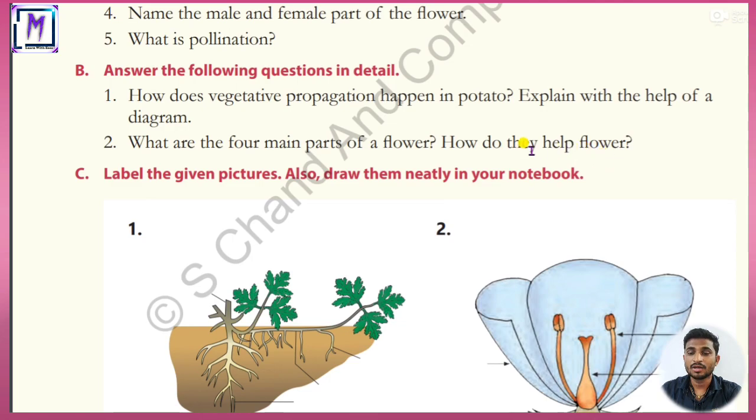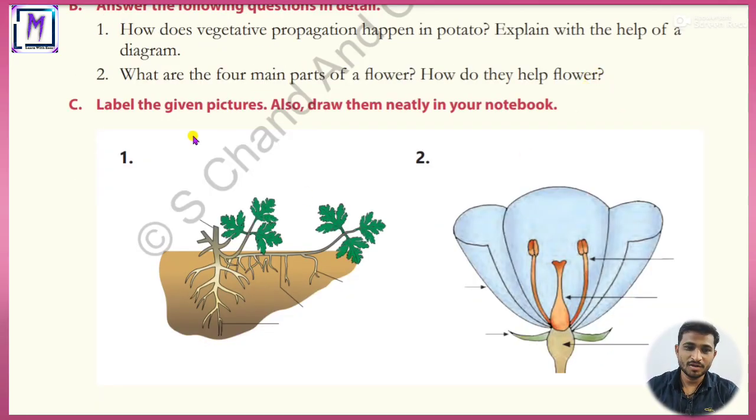So in this way, the male part called the stamen and the female part called the pistil bring about reproduction in flowering plants, as their gametes are fused with each other during the process of fertilization.